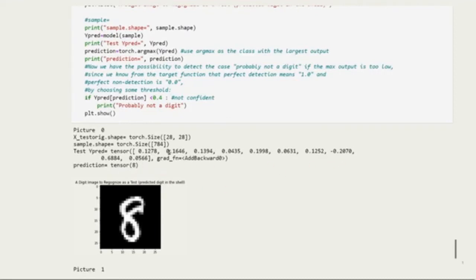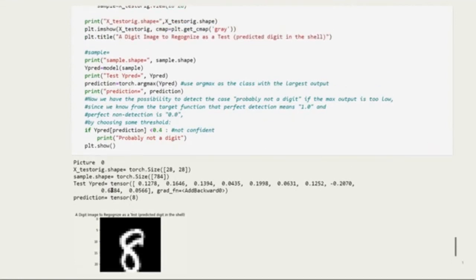And we can look here, these are the values for all the classes, and here is the value for 8, which is the highest value, and this is with the argmax. We pick the highest value and predict the correct digit.